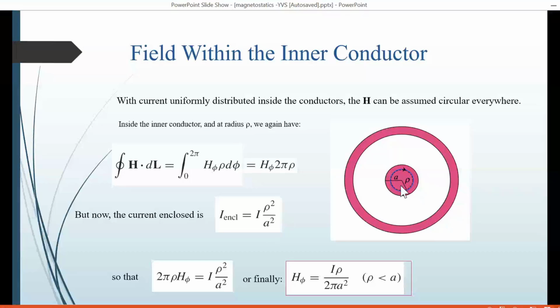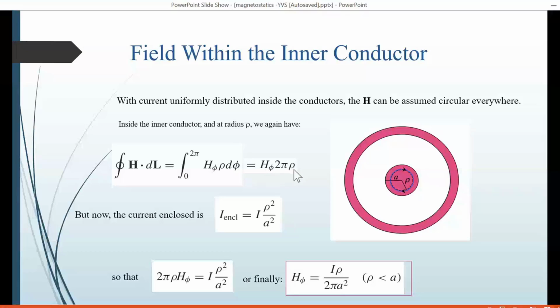Pi cancels, so we get I into rho square divided by a square. This is the new current value for this inner path, because a new conductor with less radius has been formed.